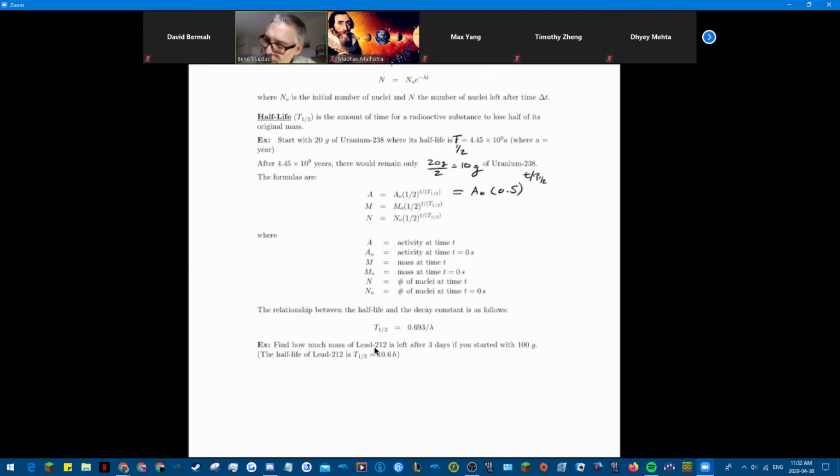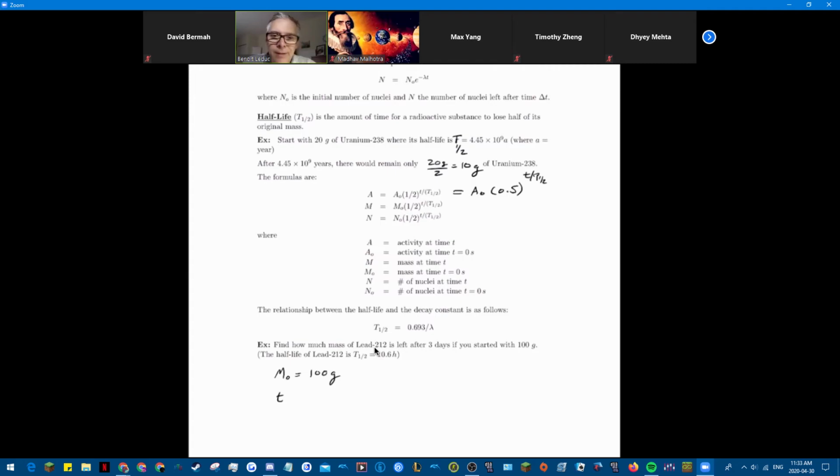So we're going to write down what we know. The initial mass at time t0 is 100 grams. We also know the time t. Are we supposed to capitalize the M now for mass?